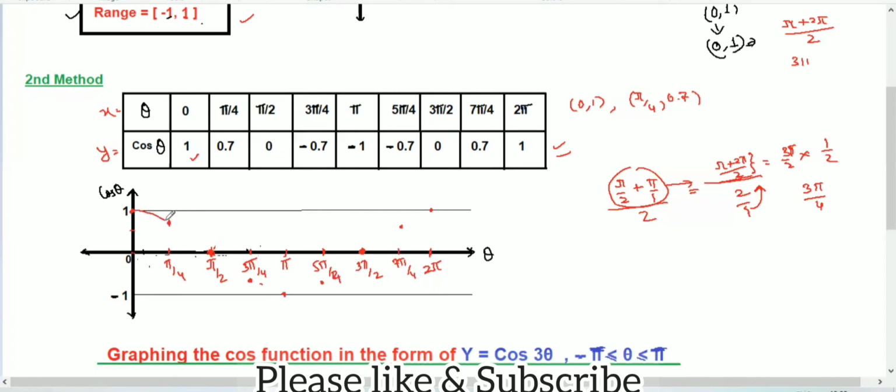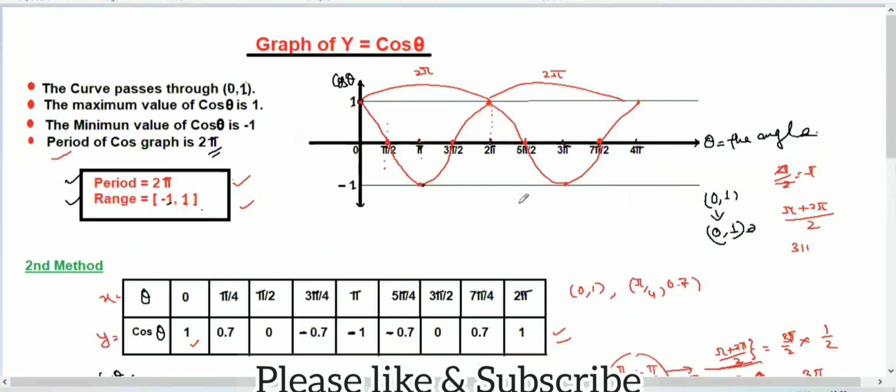So this graph will be like this. So this is the graph of cos theta. This represents cos of theta. And here as well, this graph represents cos theta.